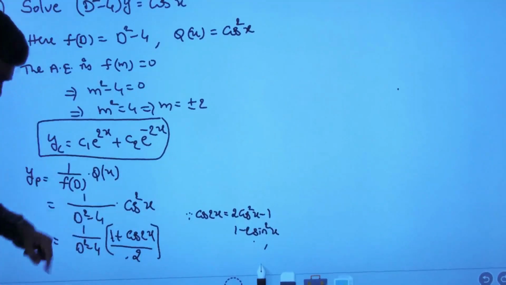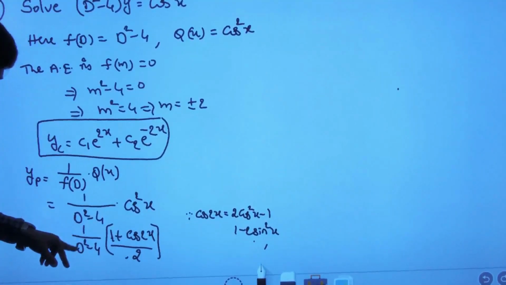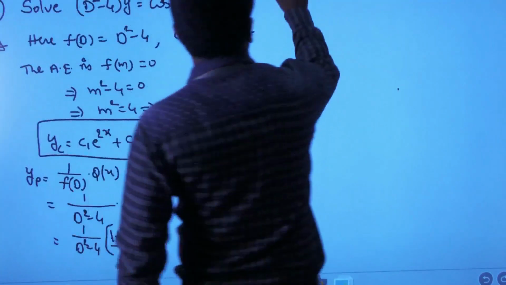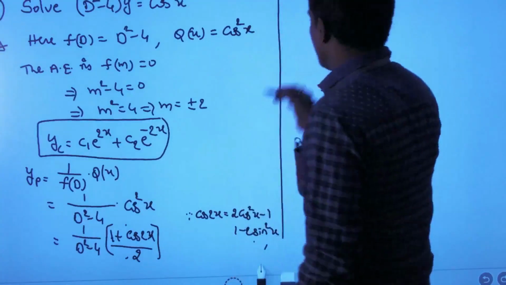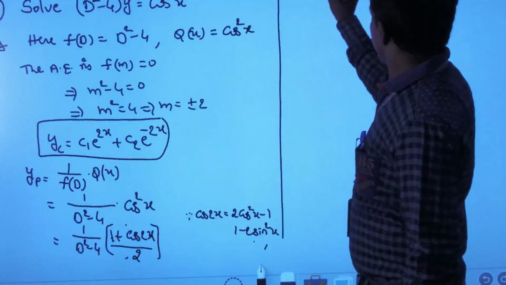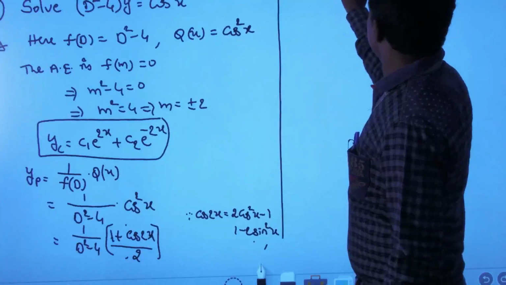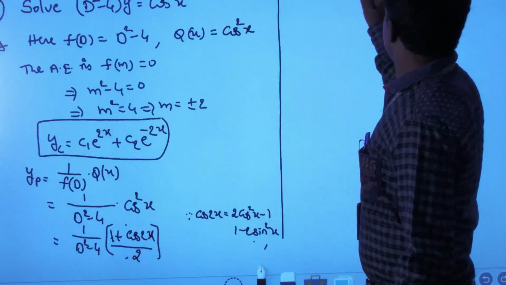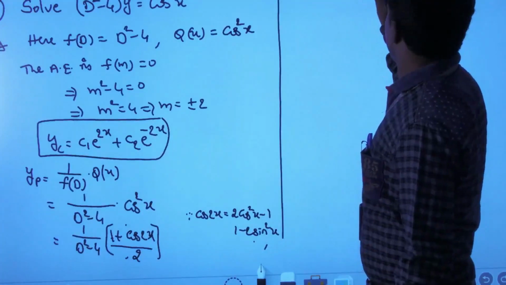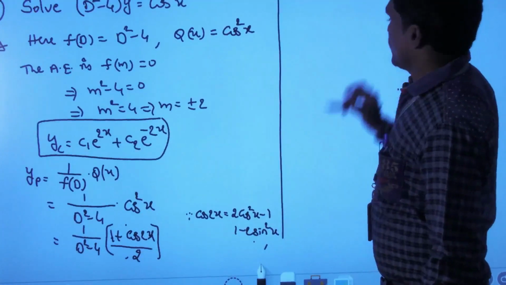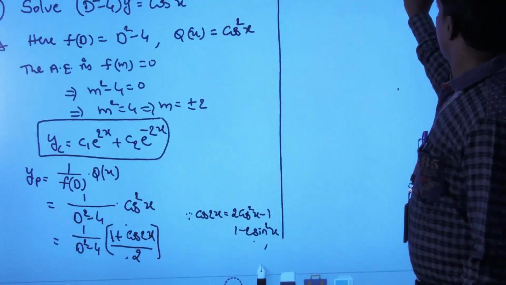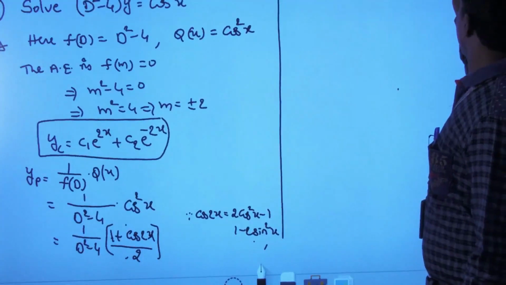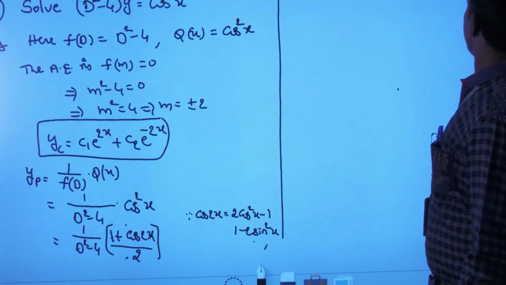Okay, now this is our problem: 1 by d square minus 4 for 1 plus cos 2x by 2. Now this can be written as, overall 1 by 2 is a constant, then we have 1 by d square minus 4 into 1 plus 1 by d square minus 4 into cos 2x.